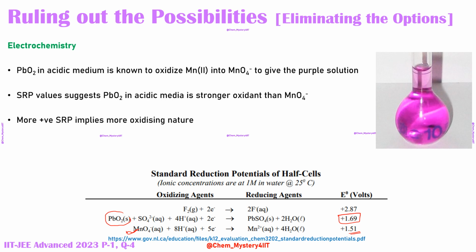So this was the explanation why PbO2 can oxidize manganese into permanganate. If we don't have enough data supporting this, or have not seen this happening in qualitative analysis, students, when I interacted with them, find it difficult that PbO2 can oxidize Mn2+ to KMnO4, because they believe KMnO4 is a very strong oxidizing agent.